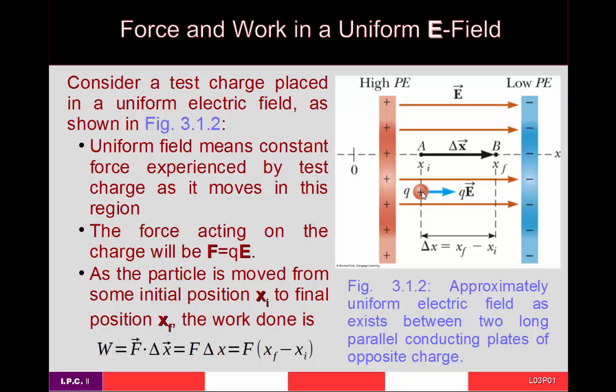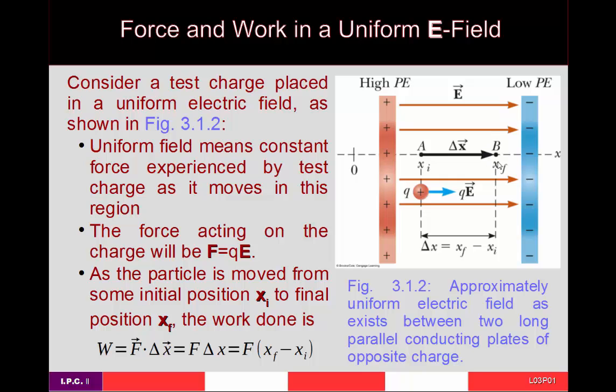And so as you move this particle from one point to another, from x initial to x final, you will have some amount of work that is done on this charge by the electric field. Basically, it has got to be force times displacement, which in this case is force times x final minus x initial.